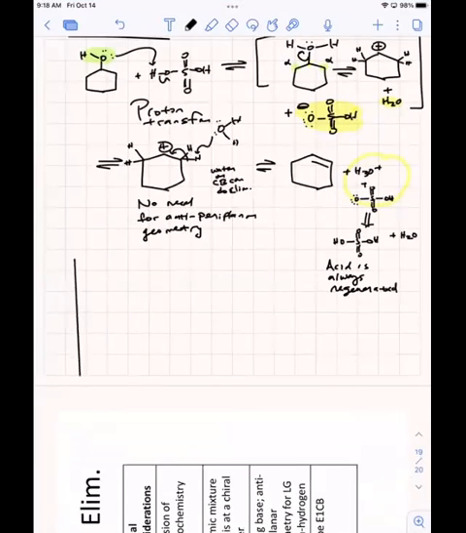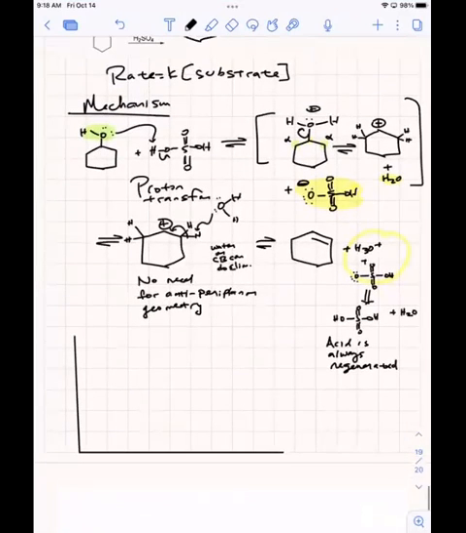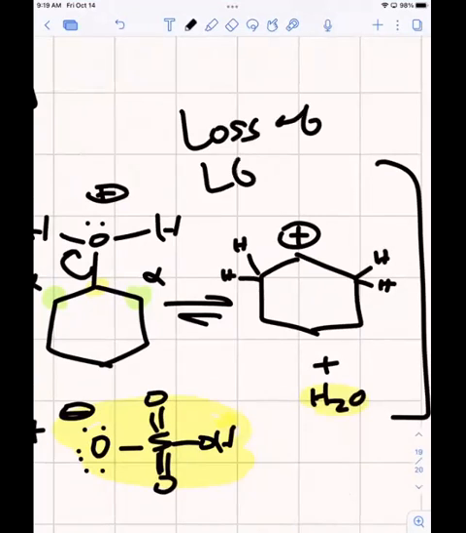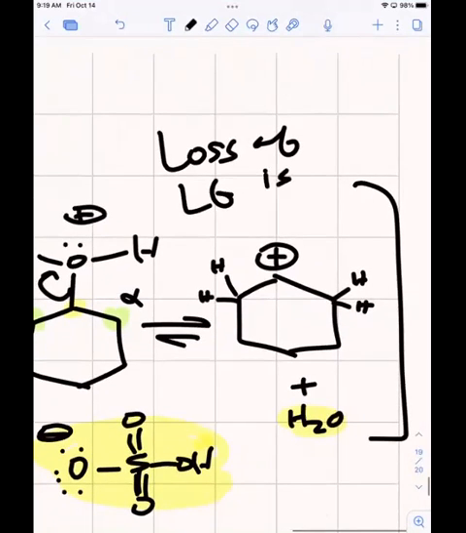What if I ask you to draw an energy diagram for this particular reaction, what would it look like? How many steps? Right, the proton transfer, that's a step. Is that right? To get to the intermediate, the loss of the leaving group, which is the rate determinant step. Let me put that in here, because that's just like SN1.